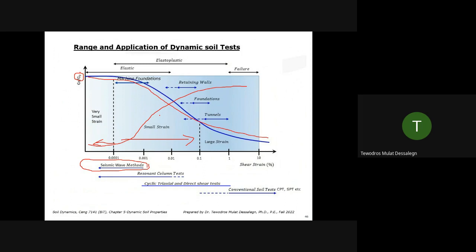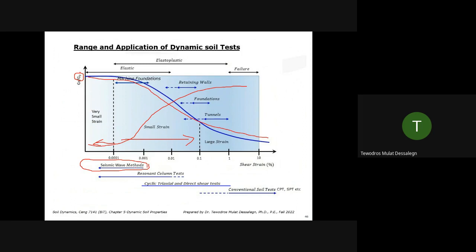Because the softer soil does a lot of deformation in it, when the wave passes through it, it damps out. If it's a rigid material, the wave passes very quickly, with almost insignificant damping. So keep the two curves in mind: the shear modulus decreases with the strain, but damping increases with the strain. The weaker the soil, the more damping it has.